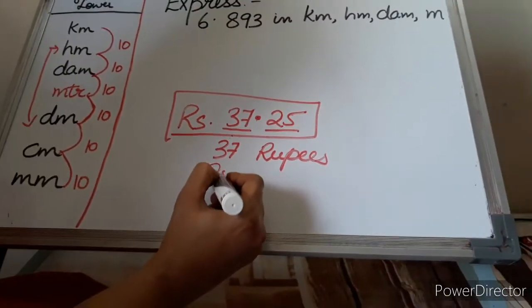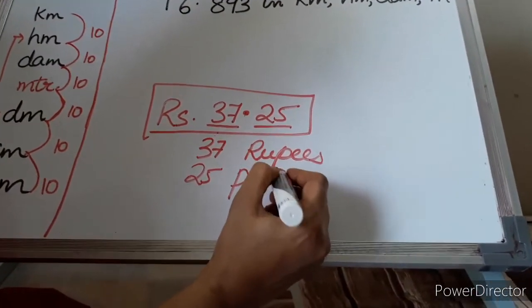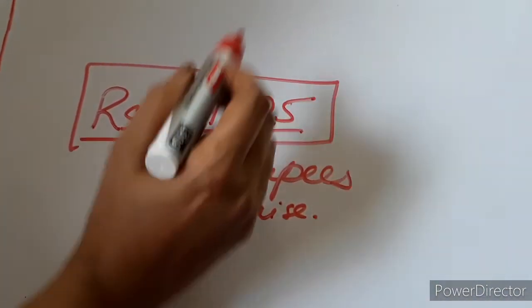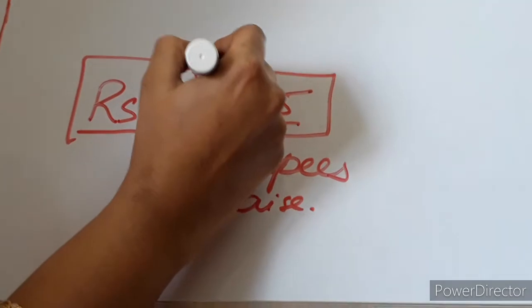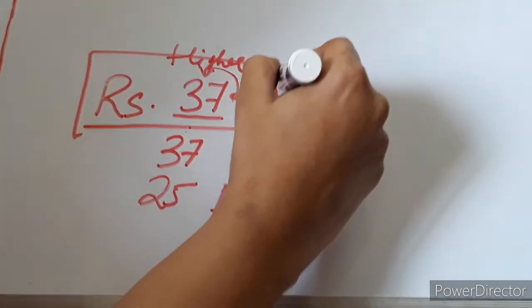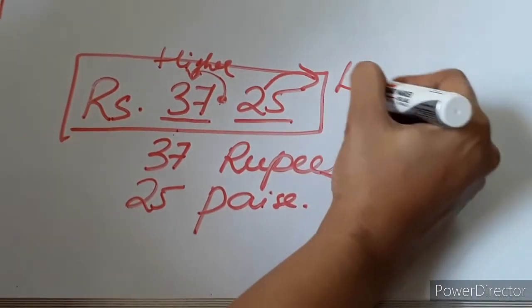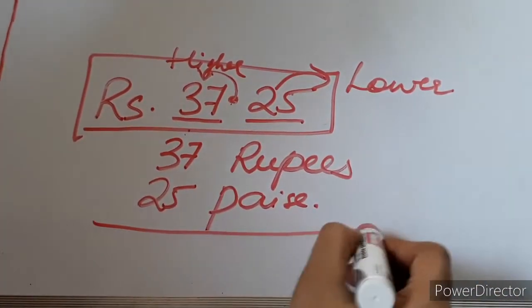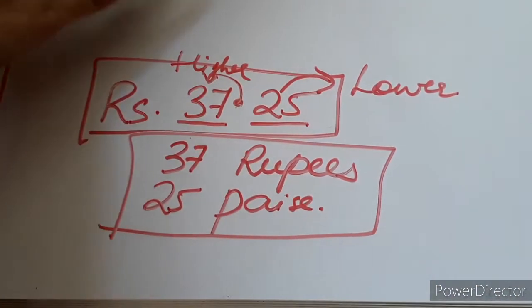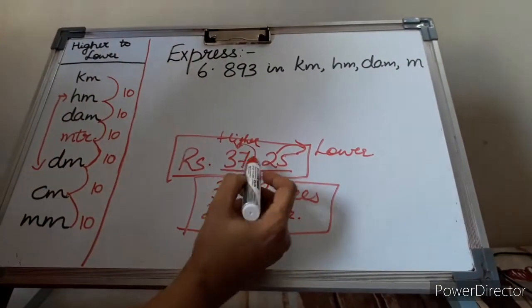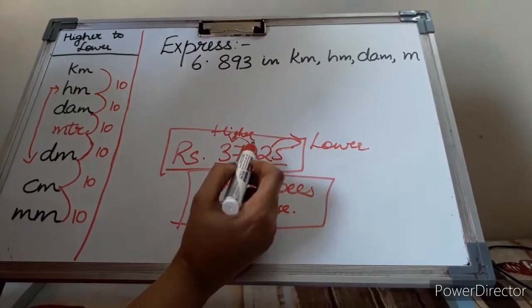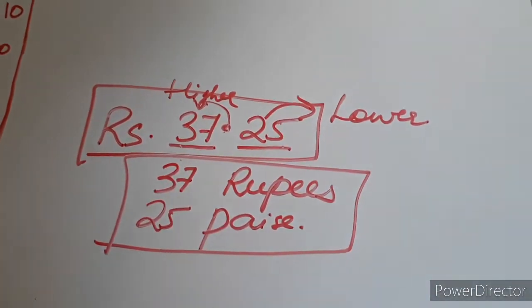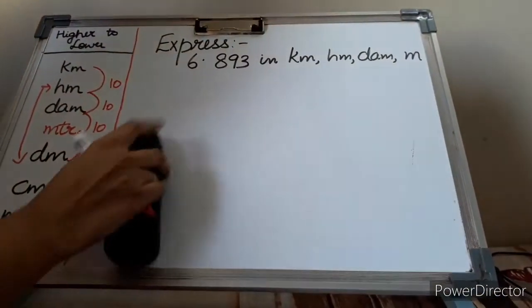And 25 is what? Paise. That means the left part from the decimal denotes the higher value, and the right part shows the lower value. Okay. With the help of this rupees and paise example, you will understand this type of question better. This decimal separates the higher value and the lower value.